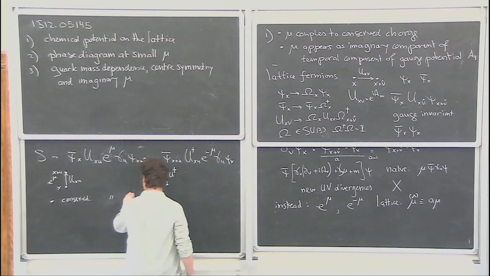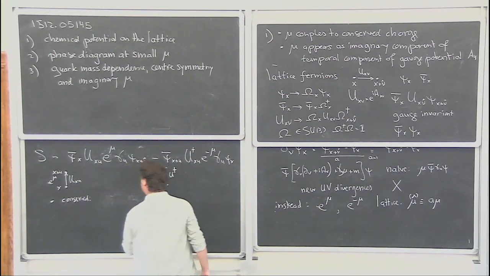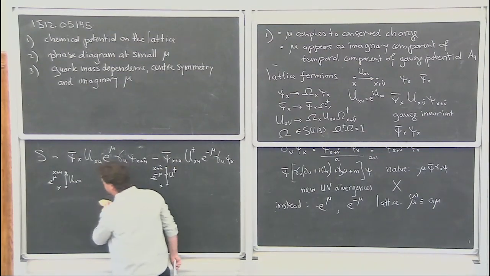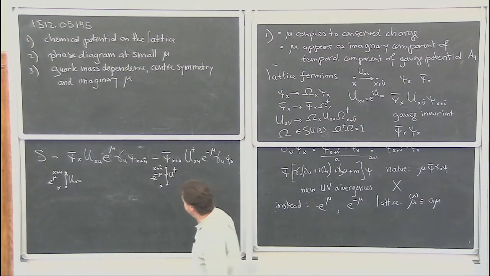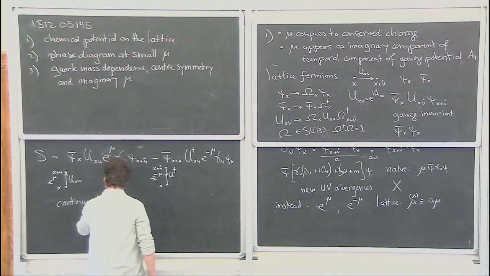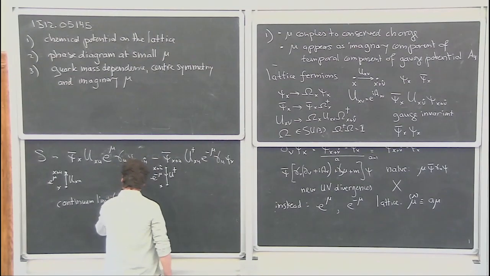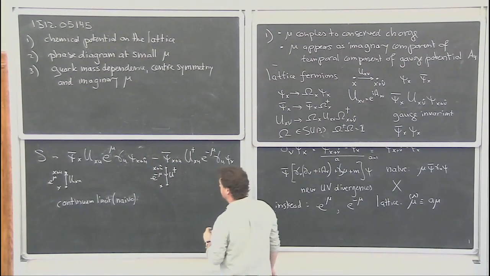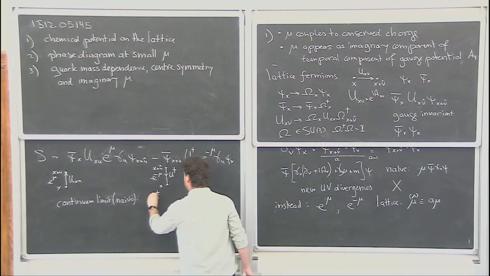So same expression, and then, well, let me do it the other way around. Let me first take the naive continuum limit. So in a naive continuum limit, I take e to the plus or minus mu.